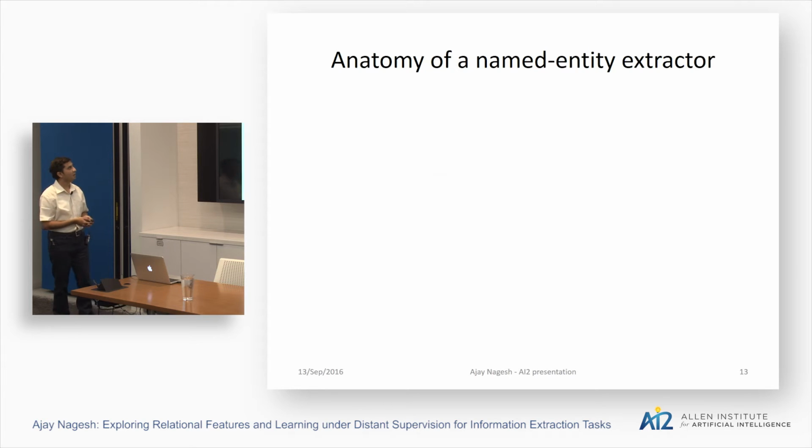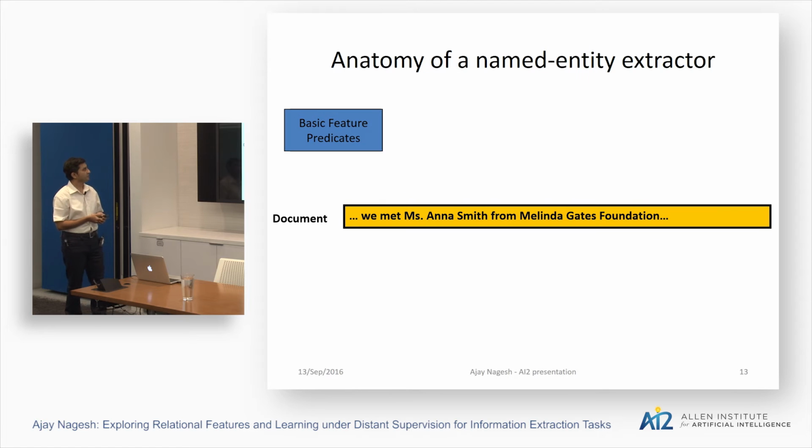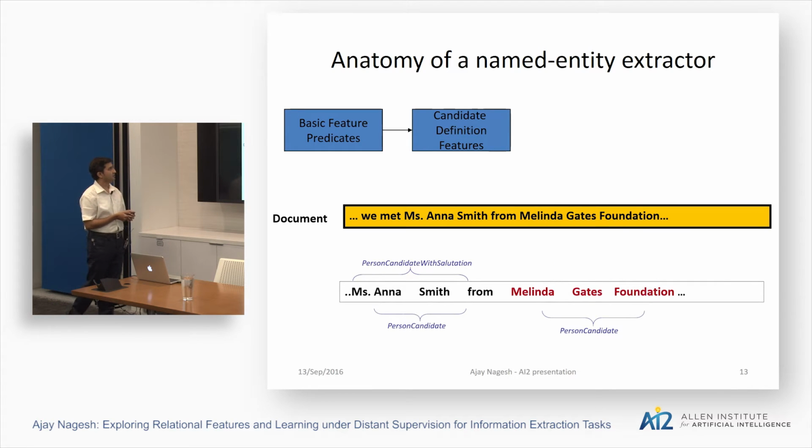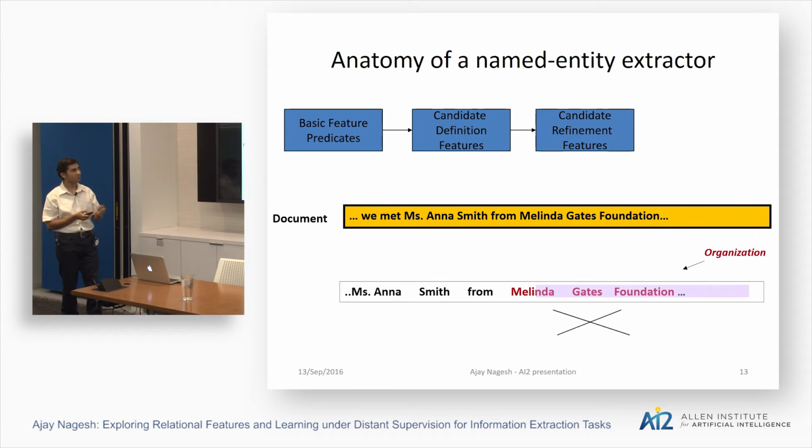So let's see how a named entity extractor is built manually. First we identify some basic feature predicates like a capitalized word or a first name dictionary and so on, and then we form simple combinations. Then it turns out some of them will not be right, so you would have to add some filters. Those are the candidate refinement features.